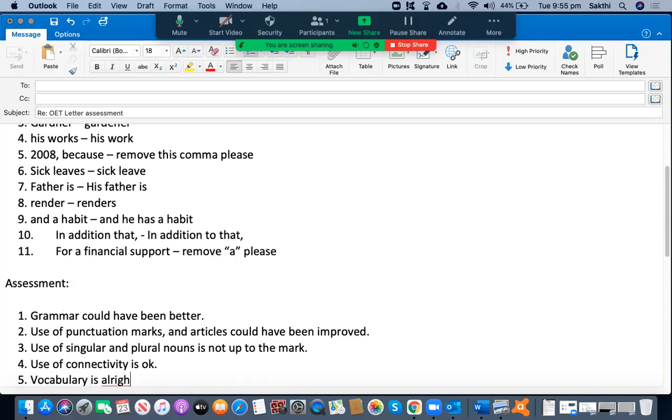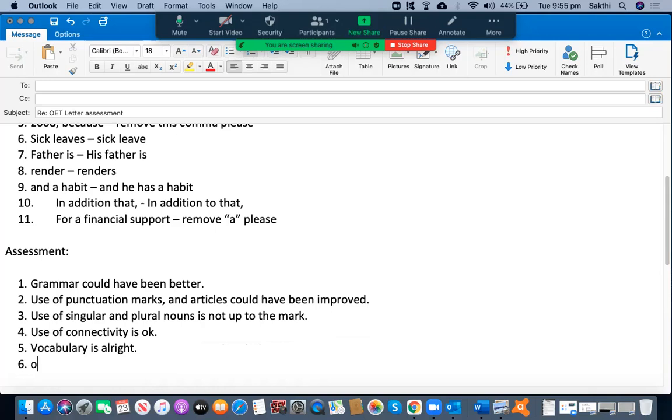I'm happy with the way that you have used vocabulary. Overall task fulfillment is also fine. You have organized the case notes effectively. Well done.